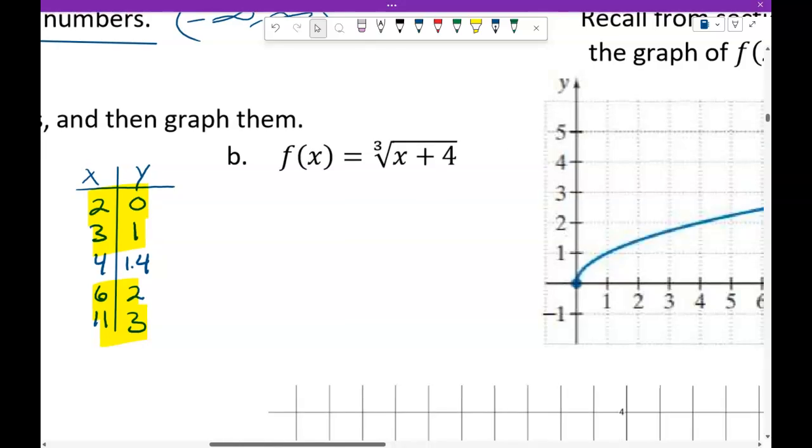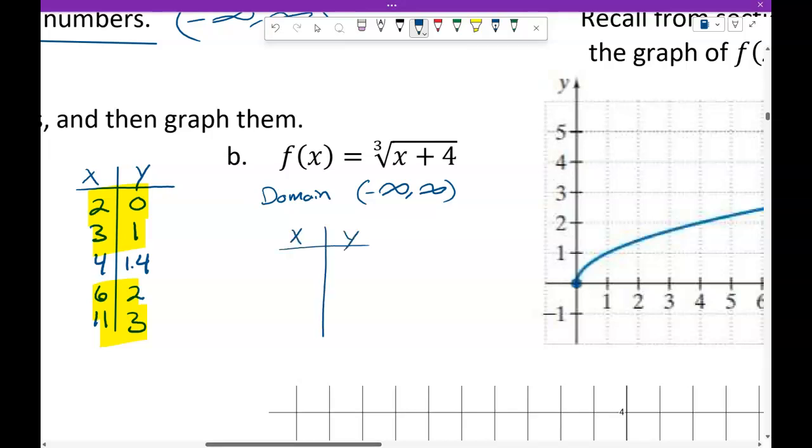Now, our cube root functions are a little bit different, because like we mentioned earlier, the domain is going to be all real numbers, negative infinity to infinity, so x can be anything. Again, we want to consider values of x that will make my radicand a perfect cube so that we can get an integer rational value for our ordered pair.